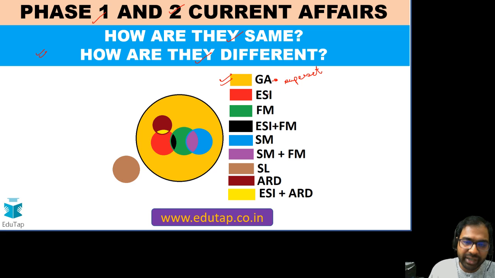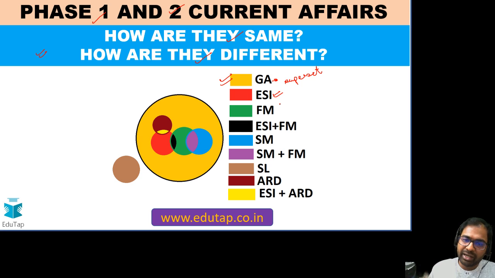It means that whatever question can be asked based on ESI current affairs in your phase 2 of RBI and SEBI and phase 1 and phase 2 of NABARD, because ESI is a section in NABARD phase 1 also, can be asked in your phase 1 GA of RBI, NABARD as well as SEBI.